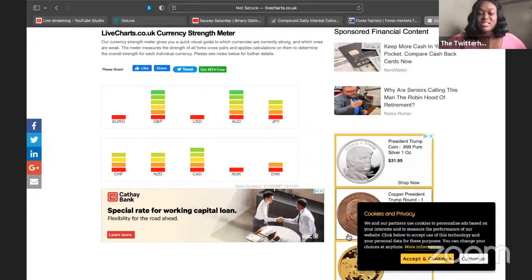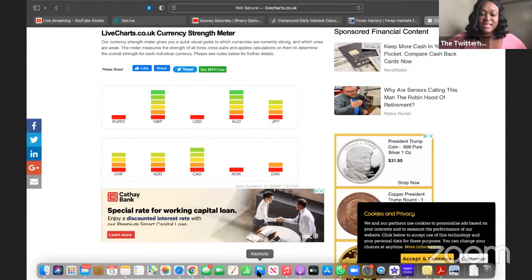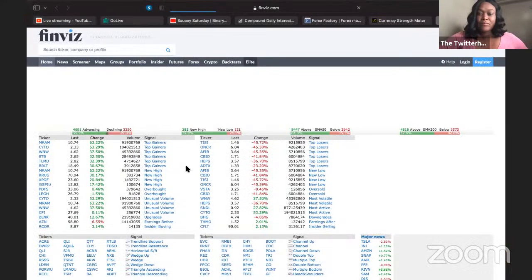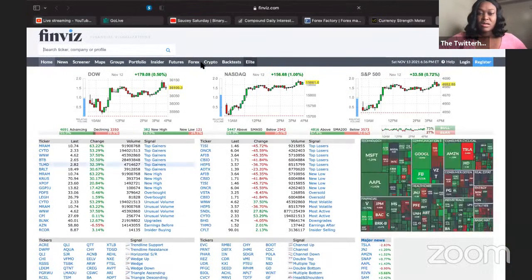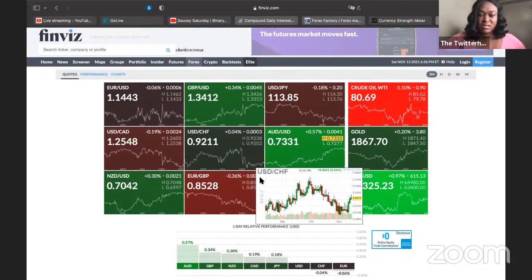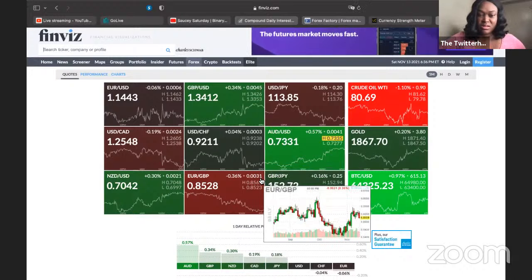So for that reason, there's another site that I like to use, and that's finviz.com, right? So here, I'm going to select Forex for foreign exchange, and let me copy and paste. There you go.